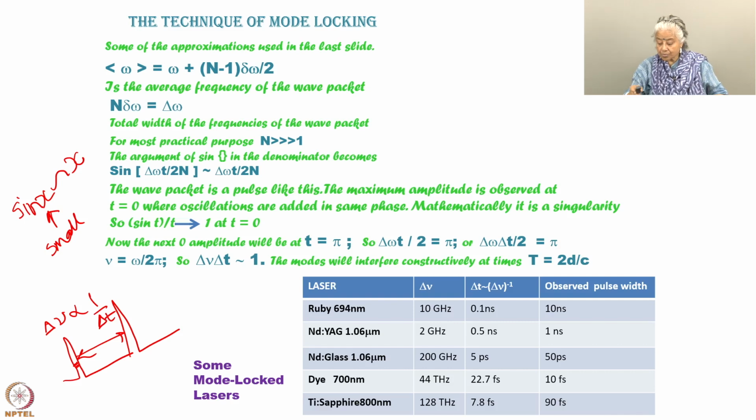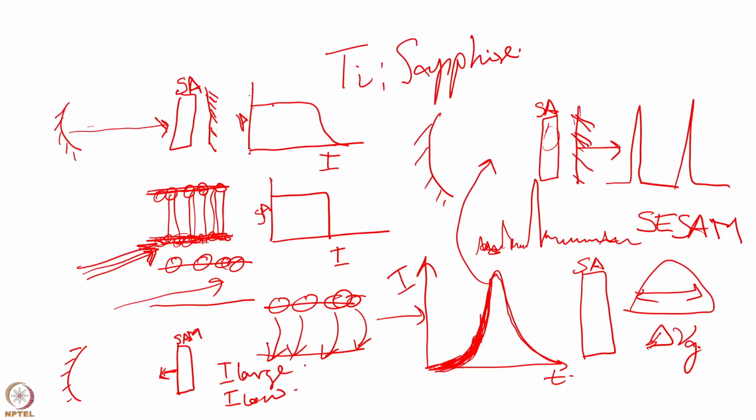Okay. So, if I go back again to the table here, titanium sapphire is the most popular oscillator used nowadays, but then again Nd glass is also a very popular material for getting ultrashort pulses, because you can extract larger energy from Nd glass than from titanium sapphire.